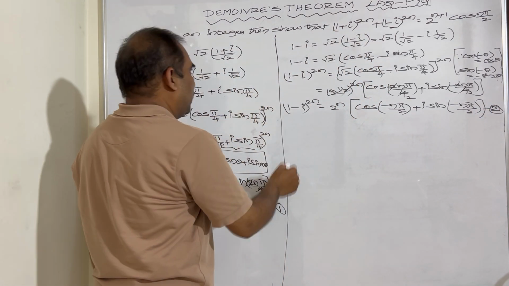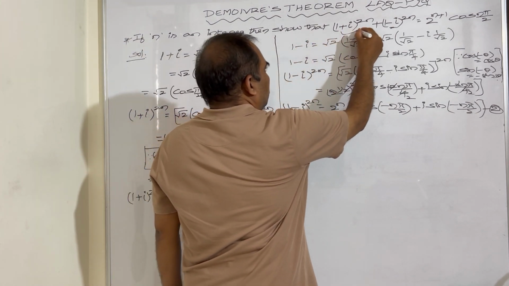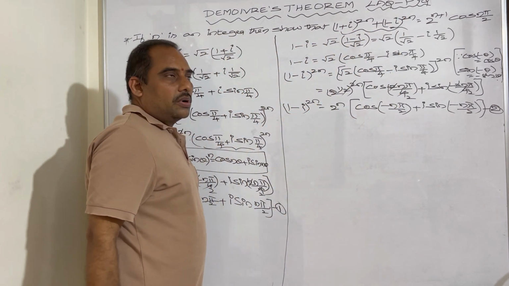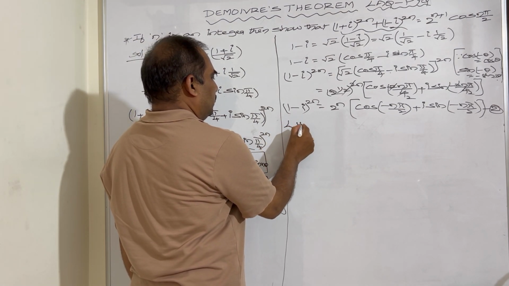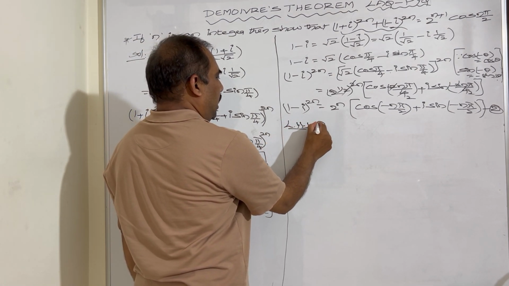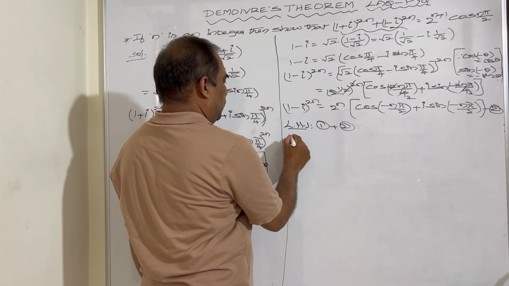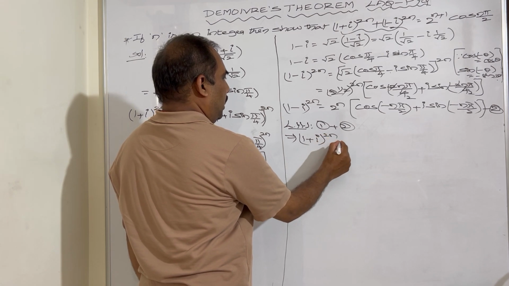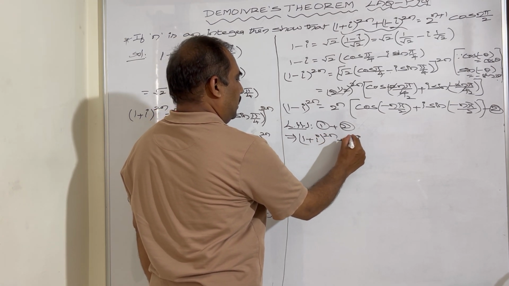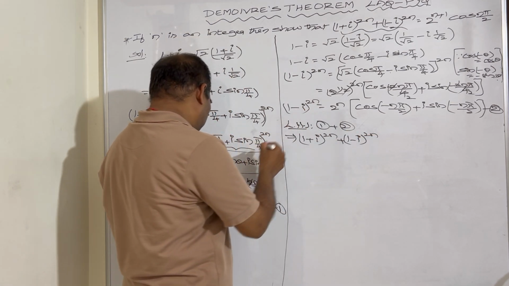So from 1 and 2, what is the LHS here? (1 plus i) whole to the power of 2n plus (1 minus i) whole to the power of 2n. So now LHS is equal to, adding 1 and 2, (1 plus i) to the power of 2n plus (1 minus i) to the power of 2n on the left hand side.